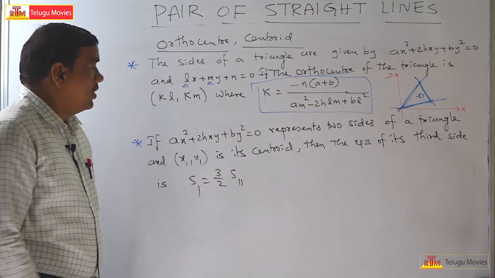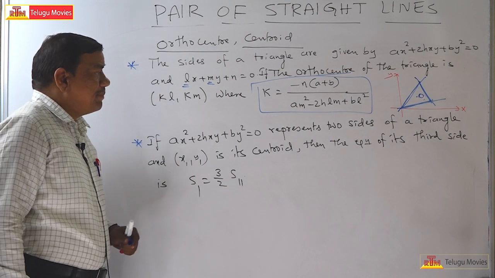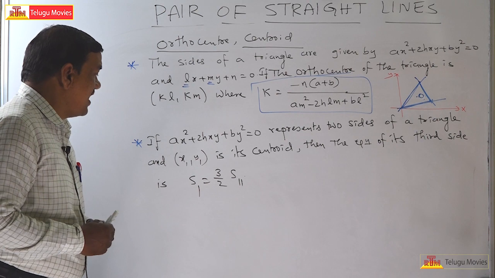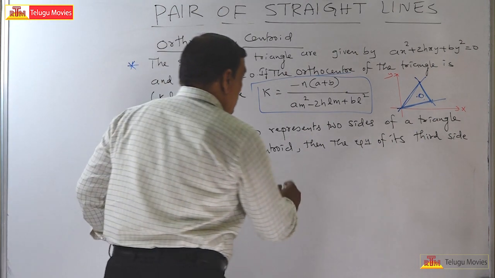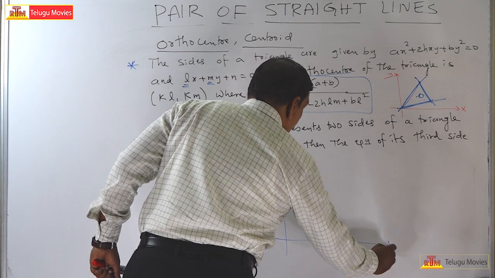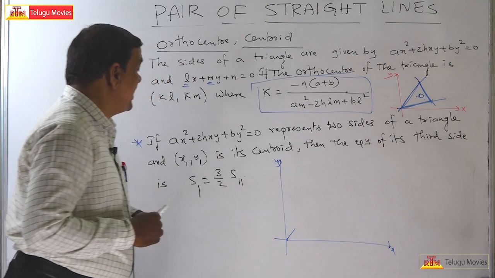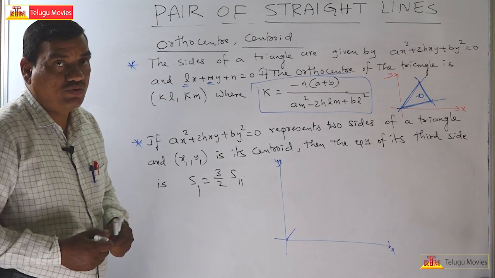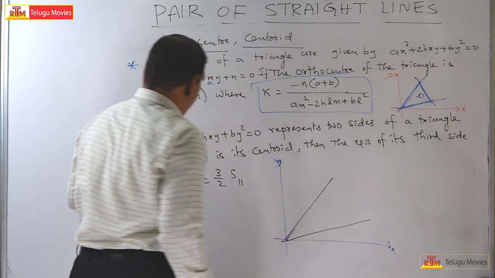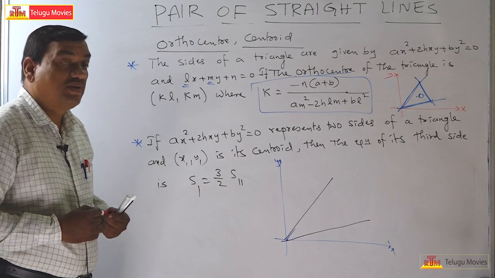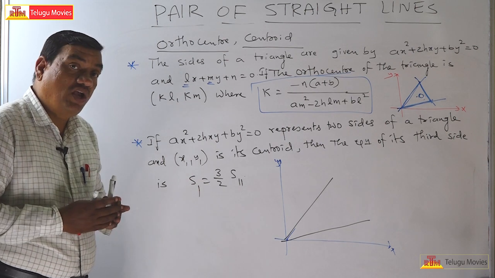If you substitute here, you will get a point that is the orthocenter. Coming to the next concept: ax square plus 2hxy plus by square represents two sides of a triangle and (x1, y1) is its centroid. Here on the x-axis and y-axis, ax square plus 2hxy plus by square equal to 0 represents the equation of two lines passing through the origin.